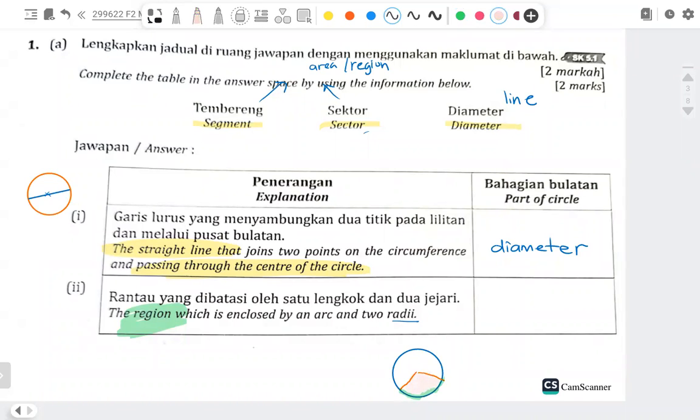Joe, what's the answer of this? The second one, the region which is enclosed by an arc and 2 radius.